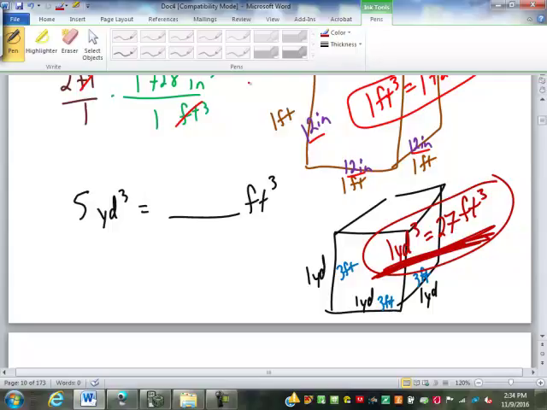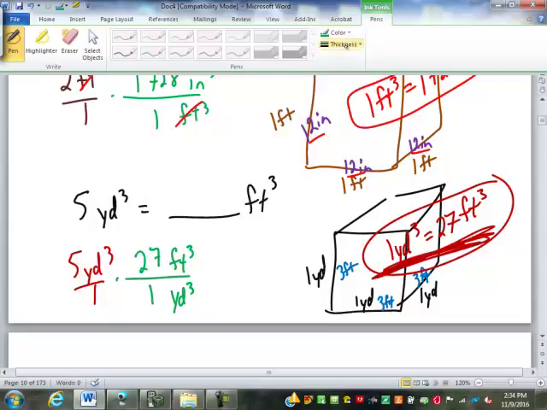So anyway, over here, 5 cubic yards over 1. Yards cubed go on bottom, so they'll cancel out. Feet cubed on top. 1 cubic yard is 27 cubic feet. Cubic yards cancel out. 5 times 27 is 135 cubic feet.